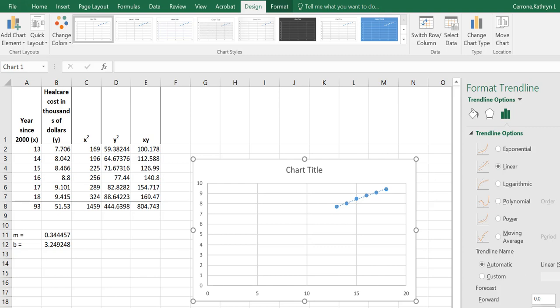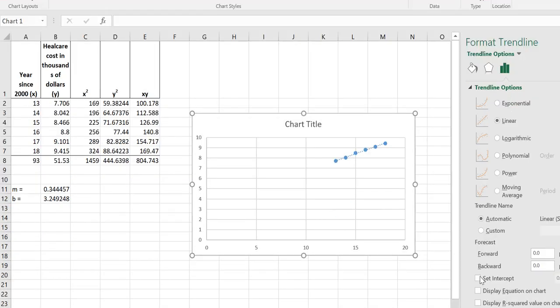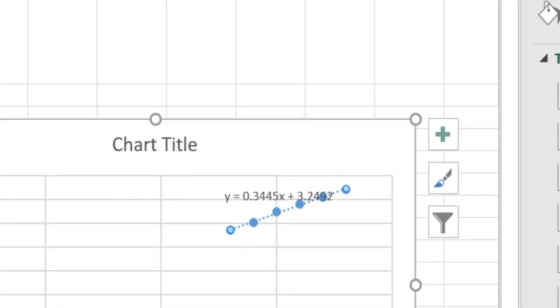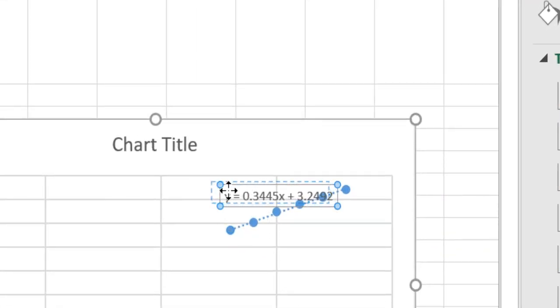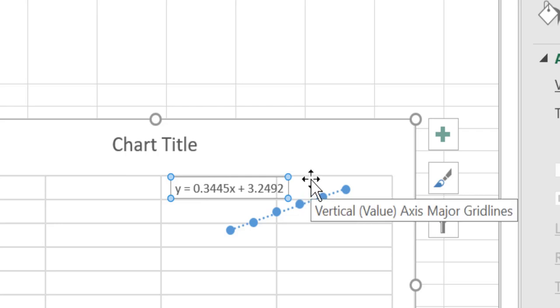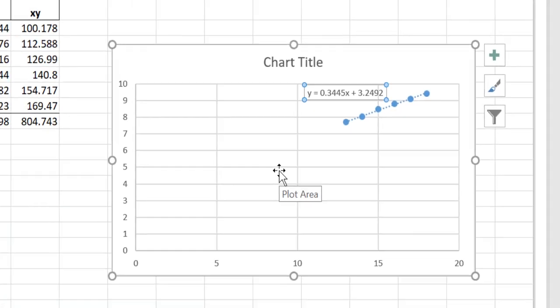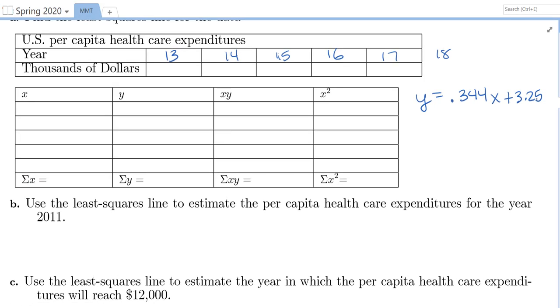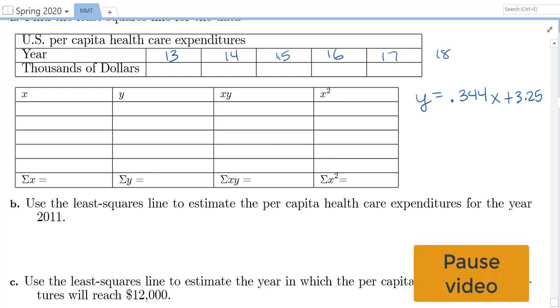At the bottom here, we want to display the equation on the chart, and you can see here that we end up with that same equation that we talked about. We've got our slope is 0.3445, our intercept is 3.2492, so we did it correctly, and we've got our chart here too. So we've got our equation now, with our slope and our intercept. So we can use the least squares line estimate to figure out what the per capita healthcare expenses are. So we can use this in either direction potentially.